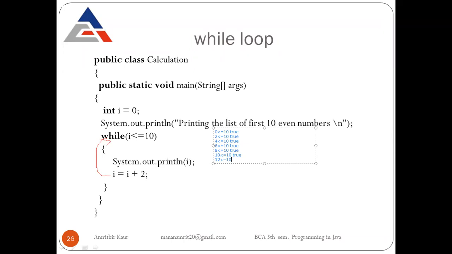So now when the condition is checked, it becomes false. And when the condition becomes false, control will be transferred outside the body of the loop. So now control will not enter into the body and the loop will be terminated.